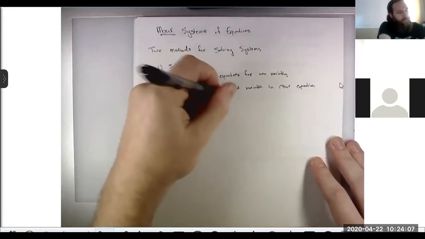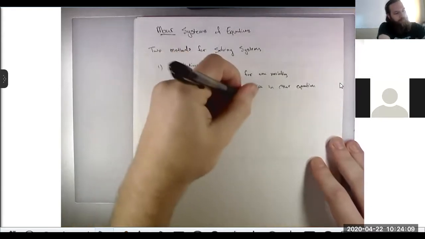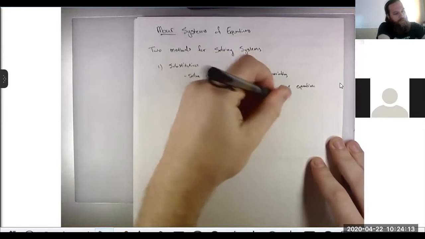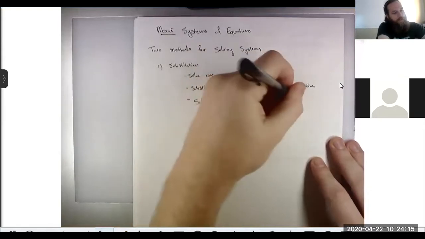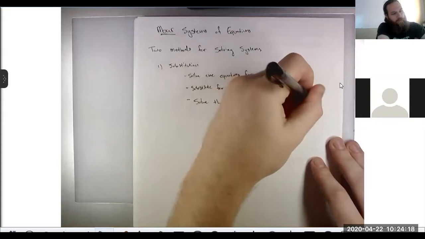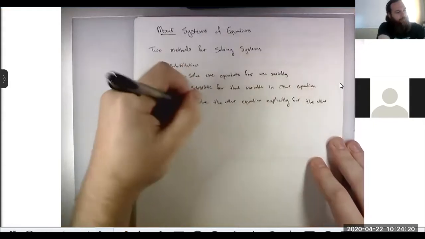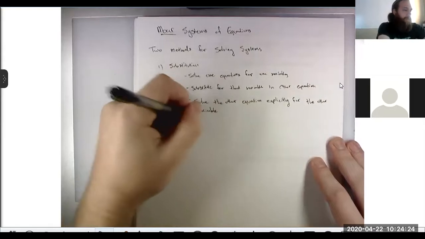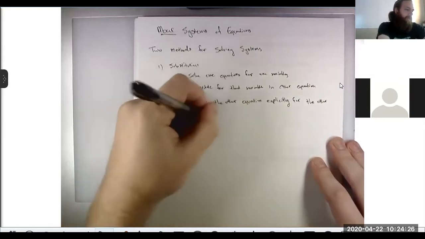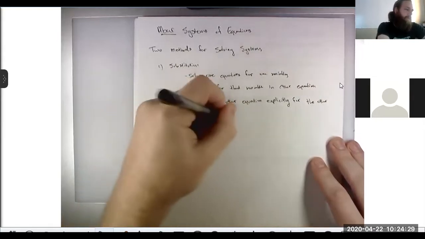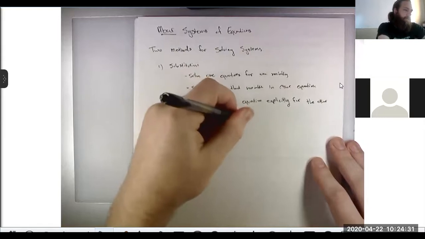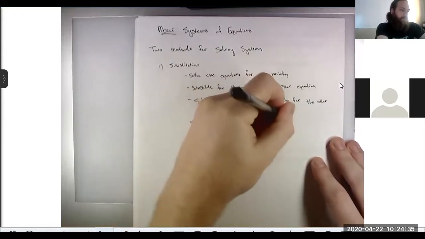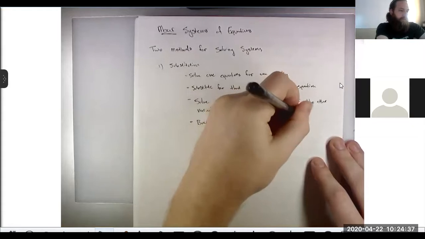the other equation explicitly, meaning get a number for the other variable. And then finally, you back substitute that value to get the second value.